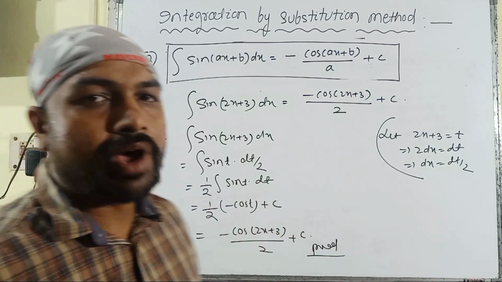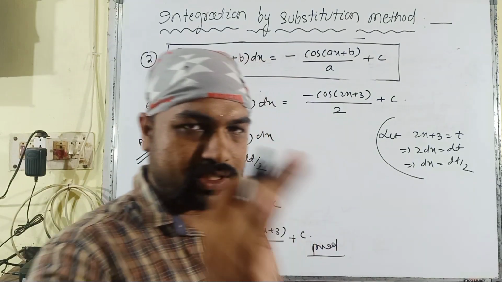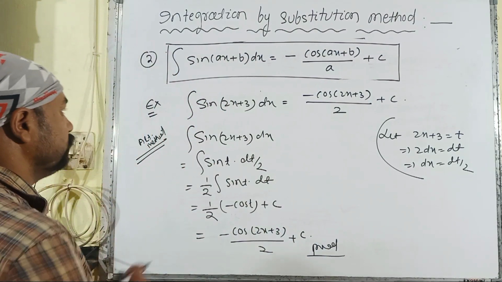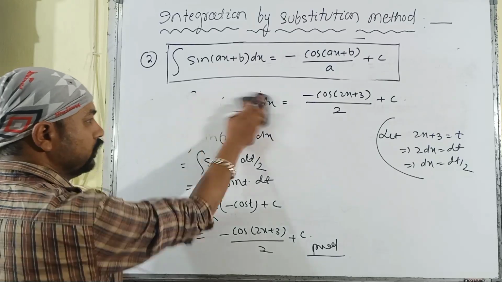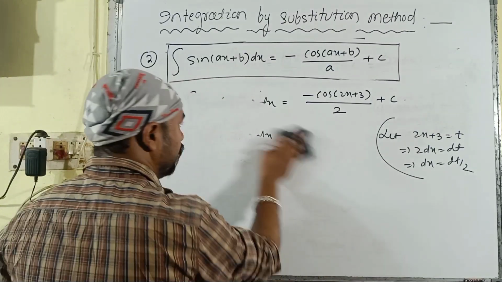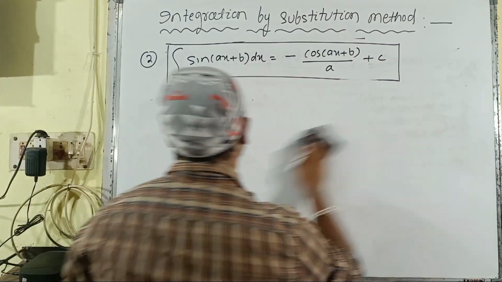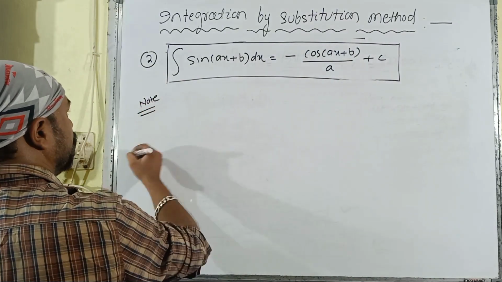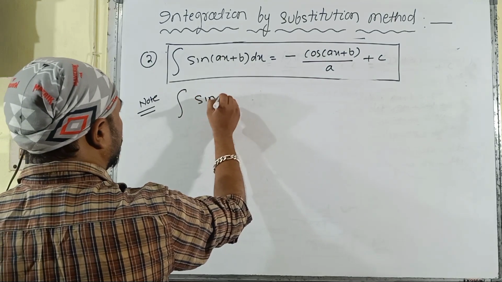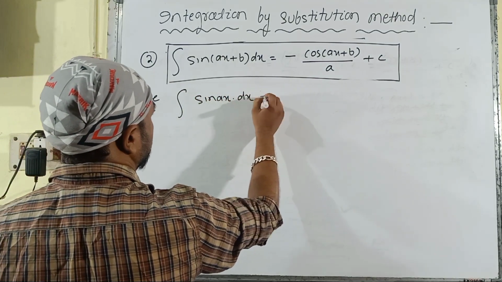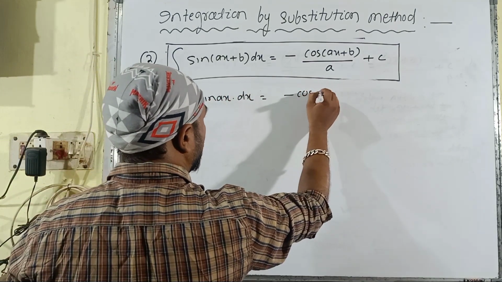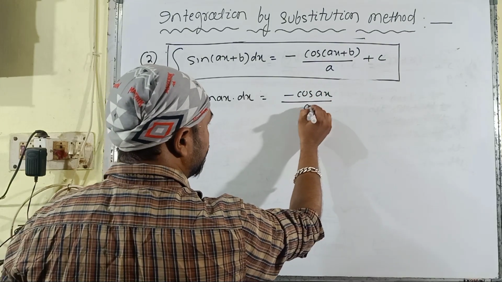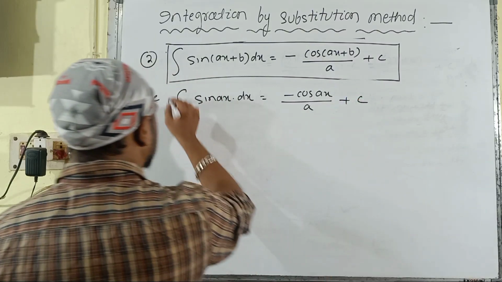Now let us discuss a corollary, or you can say a note, based upon theorem number 2. Here is the note: integral of sin ax dx will be minus cos ax, again divided by the coefficient of x, which is a, plus any constant c.